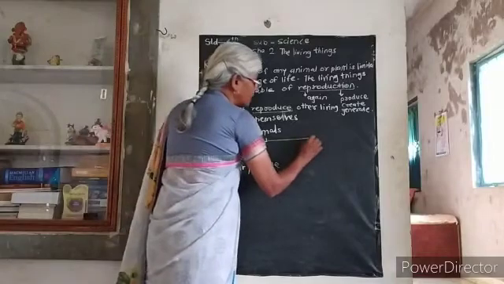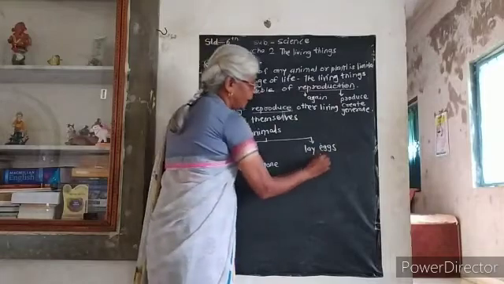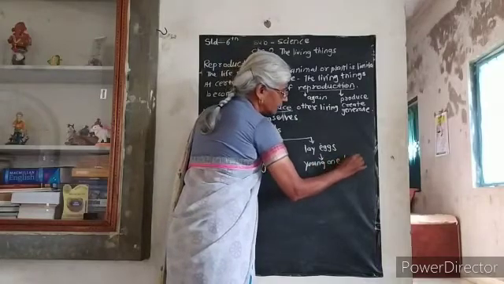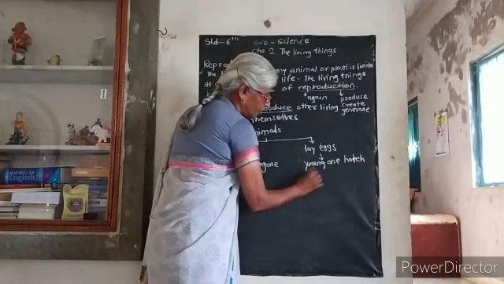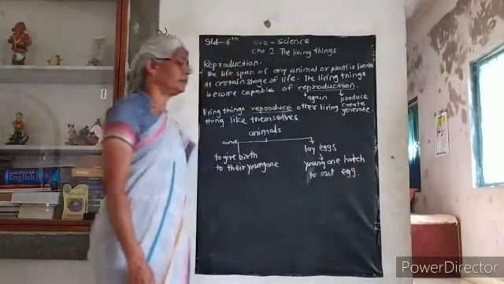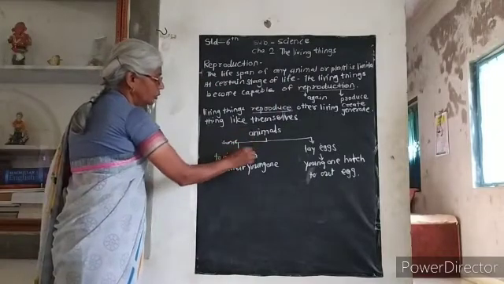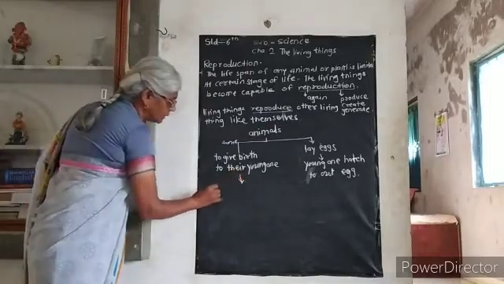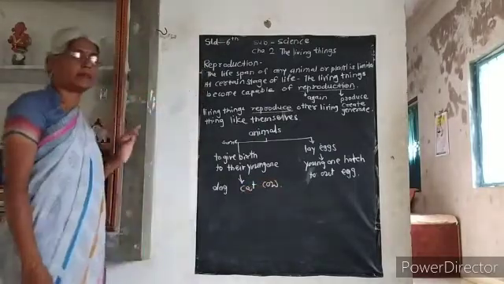And some animals lay eggs and the young one hatches out of the egg. We see some animals that give birth to their young one. The known examples of this are dog, cat, cow, and many other animals.